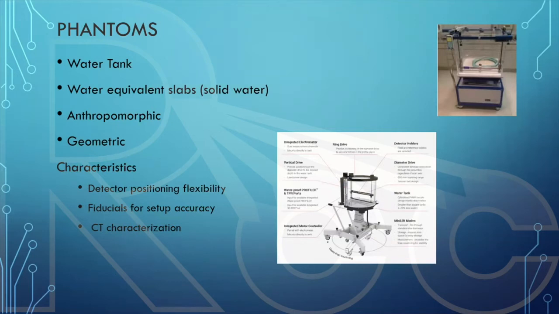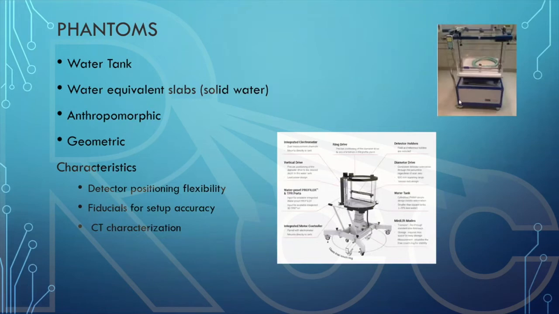The characteristics of our phantoms are that they give us detector positioning flexibility. They have fiducials for setup accuracy, and we need to do CT characterization before we use certain types of phantoms.